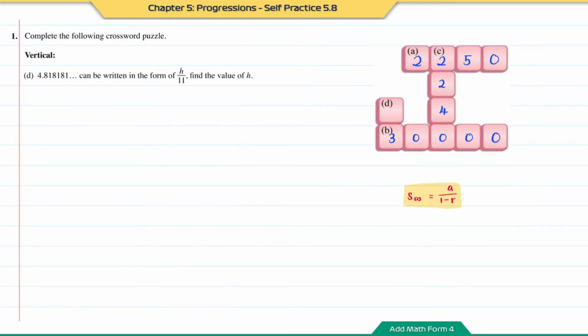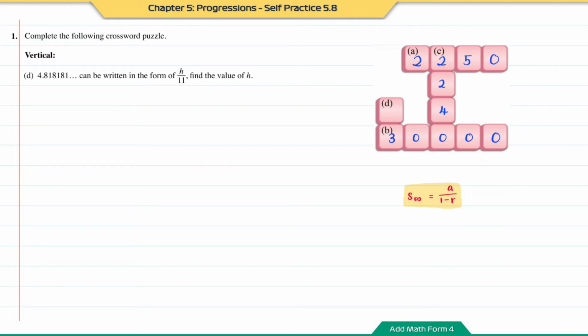Vertical D, 4.818181 and so on can be written in the form of h over 11. Find the value of h. For this question D, I'm going to show you two methods. The first one is the method that we learned in law of sets, by changing the recurring numbers into the form of fractions.